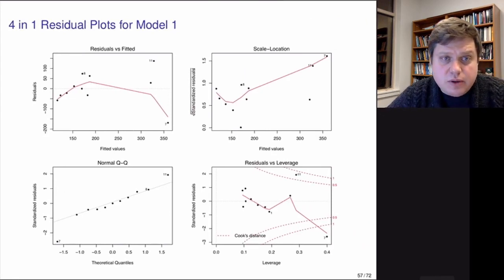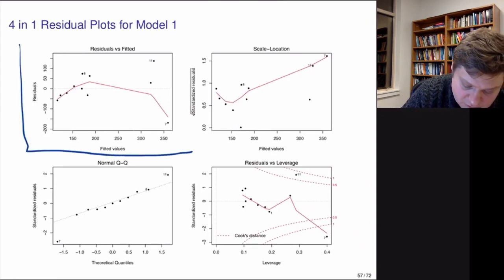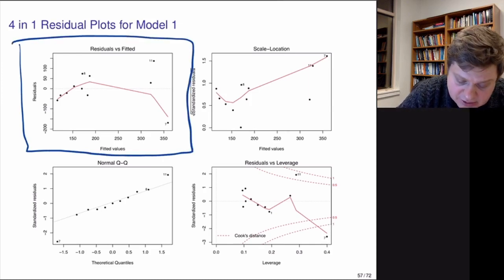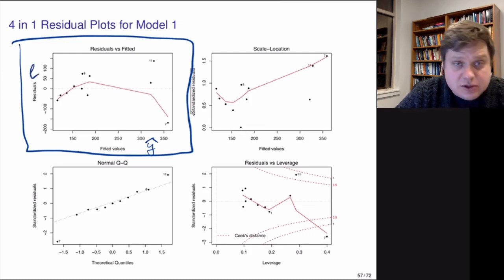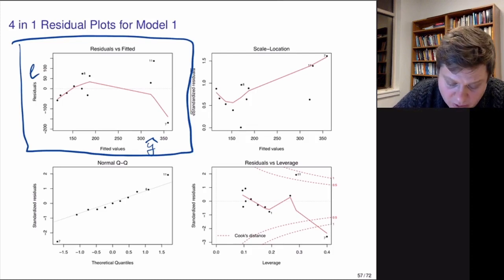Specifically, we're going to look at this residual versus fitted plot. I'm going to focus on this one. On the x-axis, we have the fitted values, so these are the y hats here. And on the y-axis we have the residuals, right? The value is e, the distances between the y and the y hat.